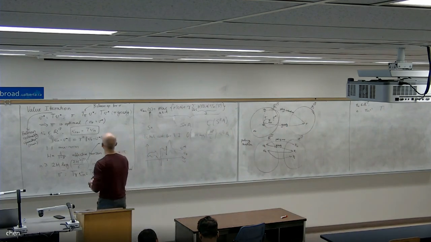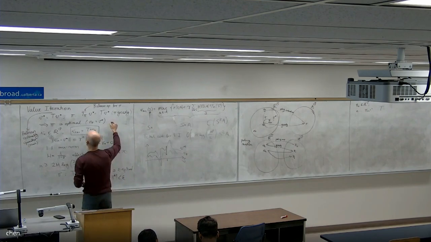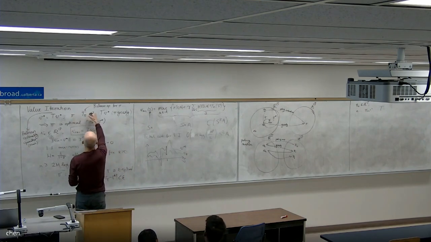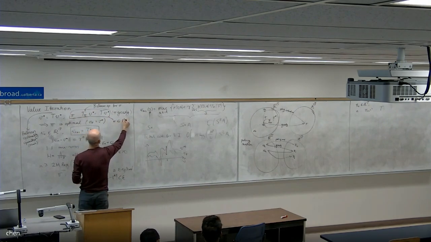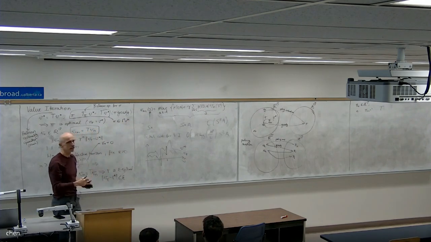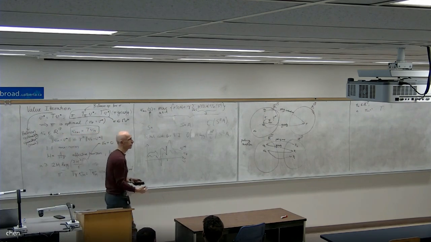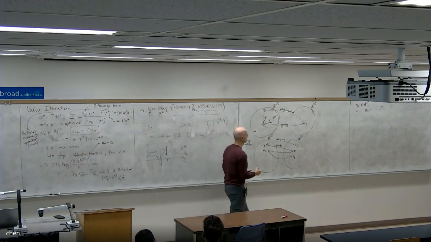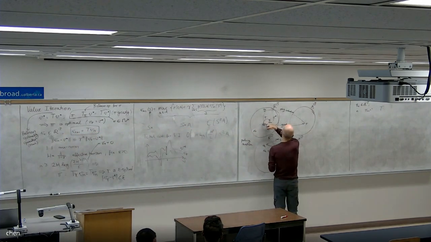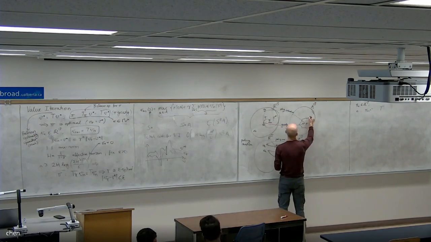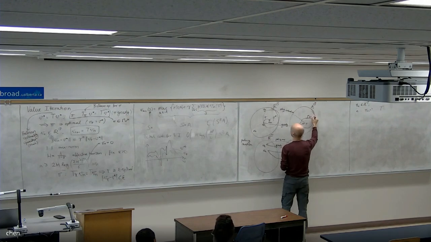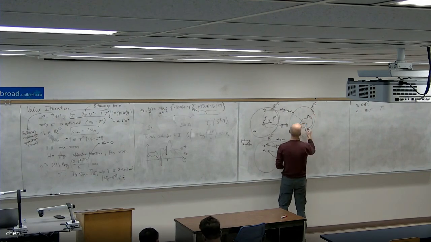I told you that I'm going to say that if pi satisfies something like this, then pi is greedy with respect to v star. So gamma is this operator that gives you all the policies which are greedy with respect to some value function. So greedy policies are not unique. So gamma gives you this set. So this is gamma of Vn here.